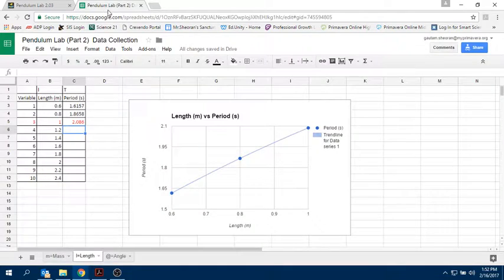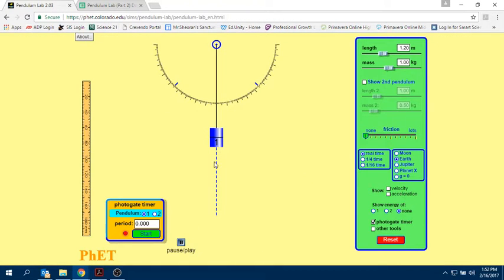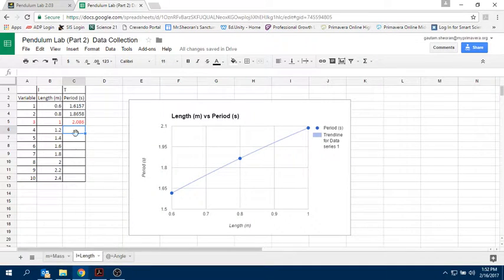All right, so we're doing 1.2. All right, 2.2852. Right. Now, take a look. That line that's drawn through it is not straight anymore. It's starting to curve.